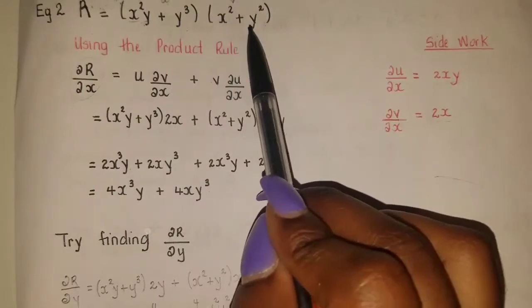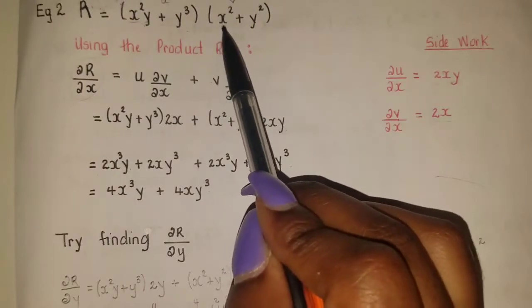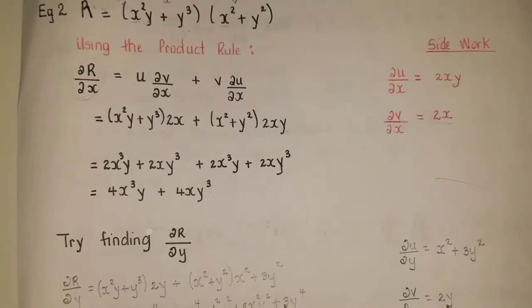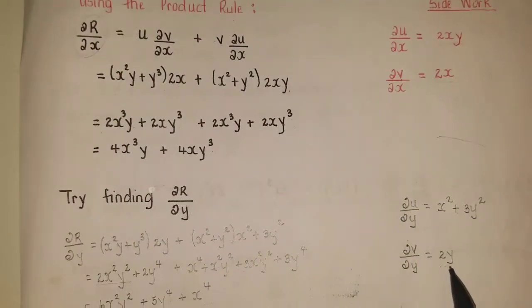When we go to the v function, this will be a 0 because it's acting as a constant, and the y squared is simply 2y, as seen here.